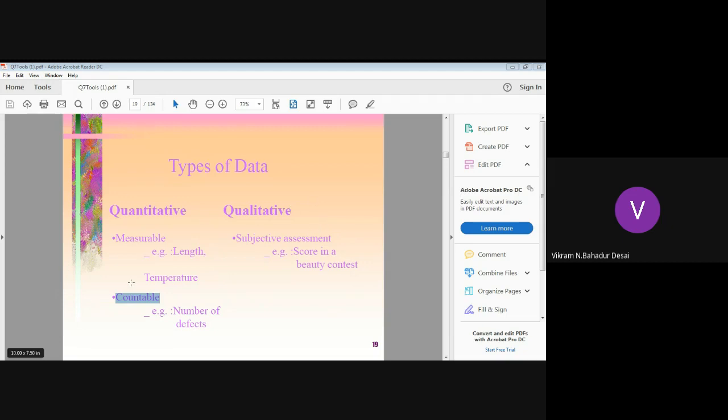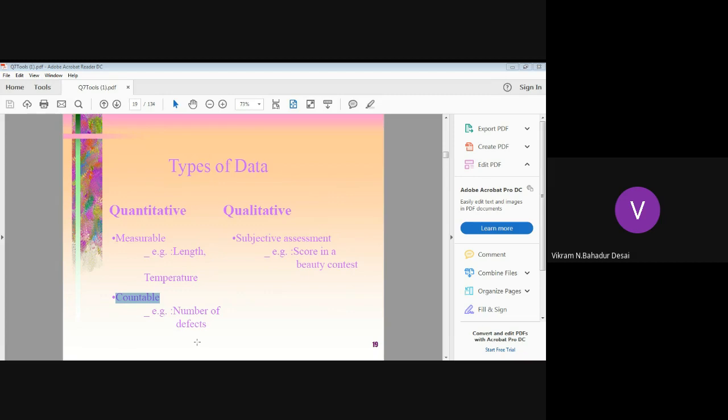Quantitative means in numbers, right? Measurable means it will be in decimals. Countable means it will be in whole numbers, right? Number of failures in project management, I cannot say 8.5. It should be countable, either 9 or 10. I should be able to tell how many people have failed. That is countable, that is discrete data.